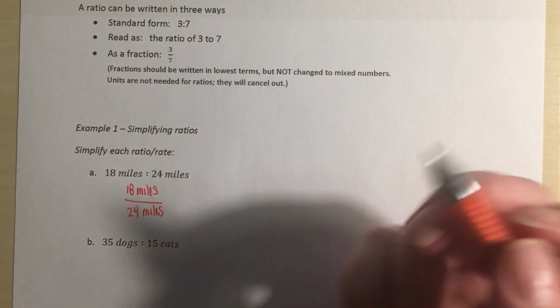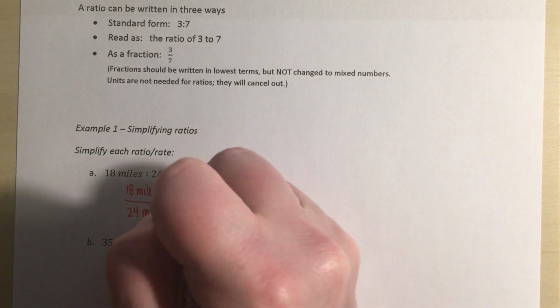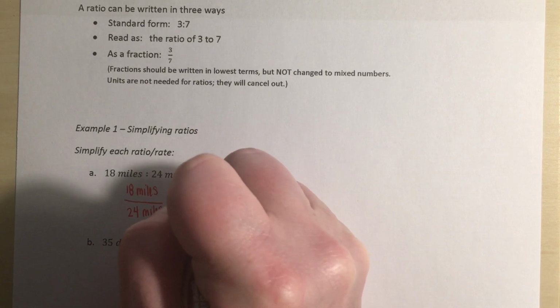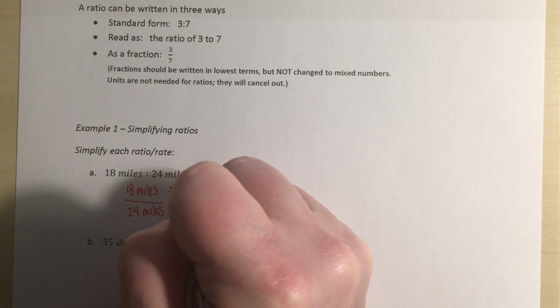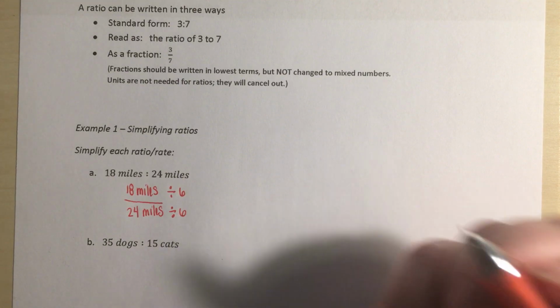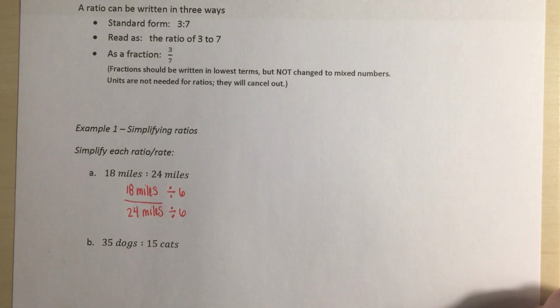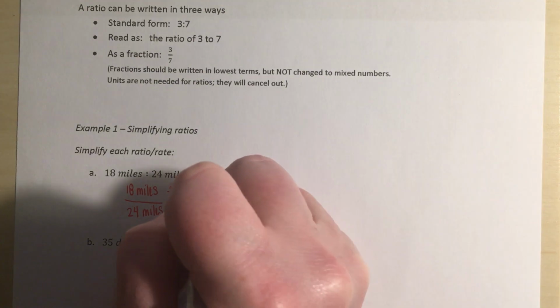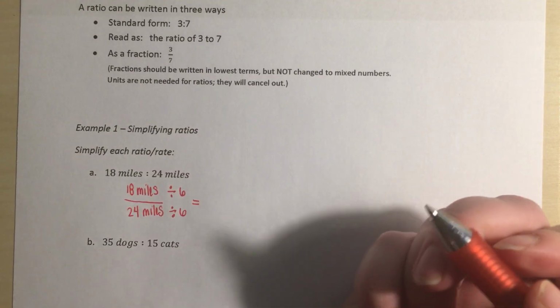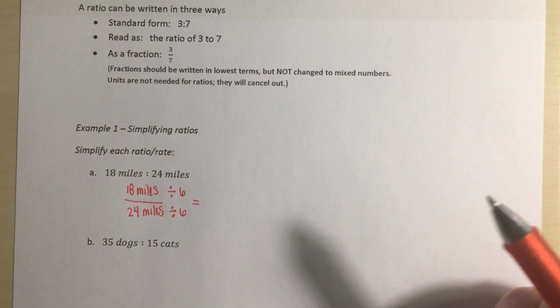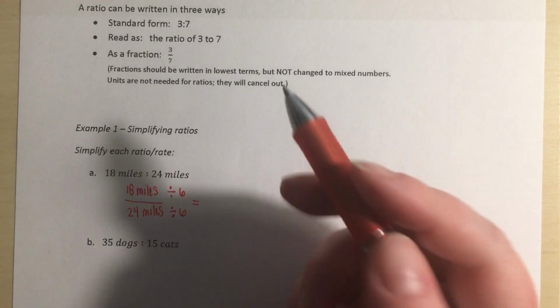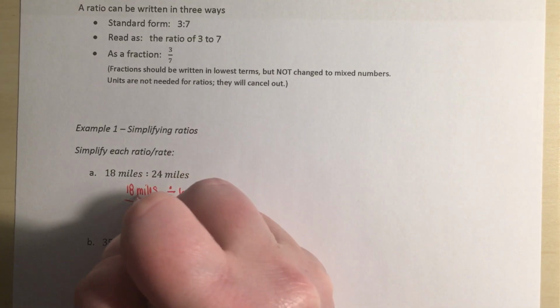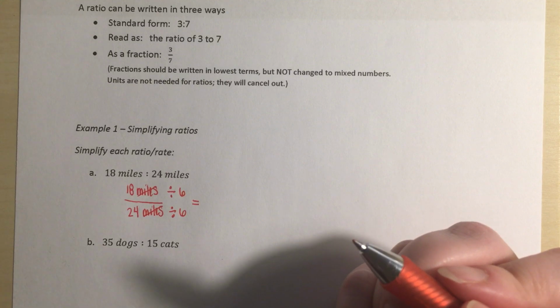Then looking at these, both 18 and 24 are divisible by 6, so we can divide these out by 6. You can choose to cancel common factors, write this out in different ways. Either way we're thinking about it, we're simplifying our fractions. All right. So we're going to divide these both by 6, and then if we look at these, we notice that our units of measurement are the same. So these are actually going to cancel each other out.